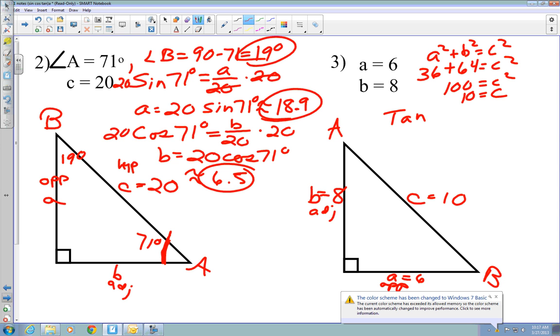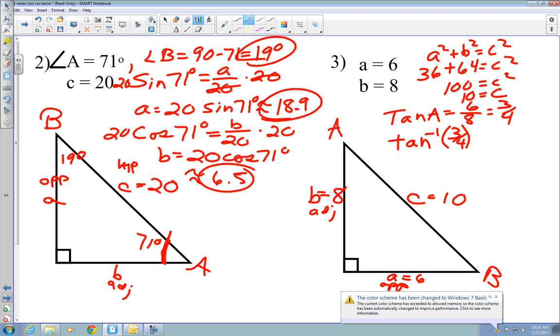So the tangent of A equals 6/8, or 3/4. So in order to find the angle, you use the inverse tangent function. So you write tangent to the -1 of 3/4.